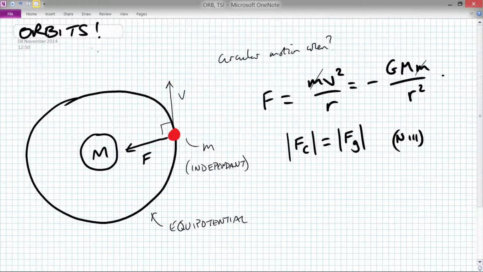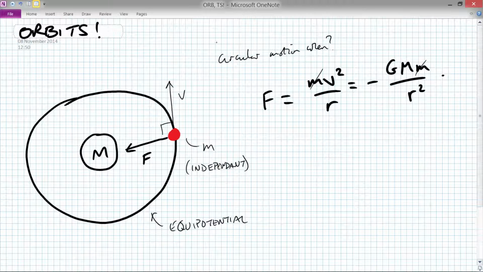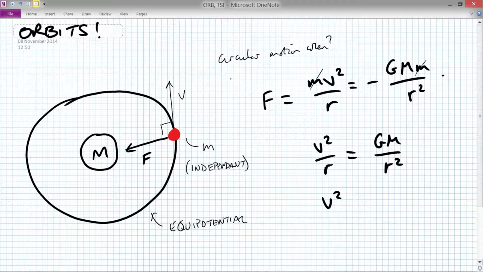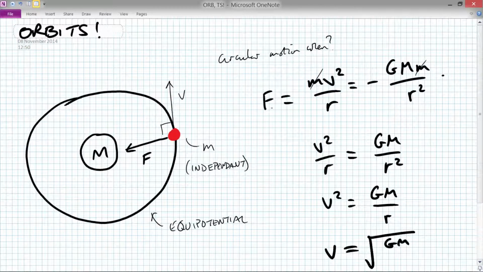Whatever this force F is acting on this body, there'll also be an equal and opposite force acting here, so that negative will cancel out anyway. Doing that, we drop the m's, which leaves us with v squared over r equal to the magnitude GM over r squared. If I bring my r over, I get v squared equal to GM r over r squared. So this r cancels with the squared. And finally, my linear velocity is just given by root GM over r.